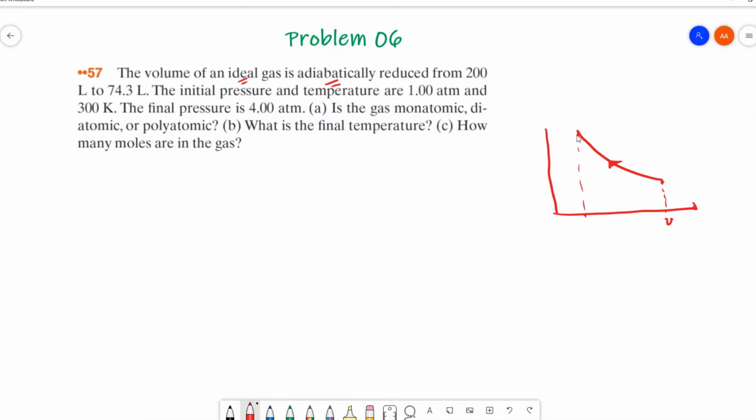Another volume at this point. This one is adiabatic, so Q is equal to 0.